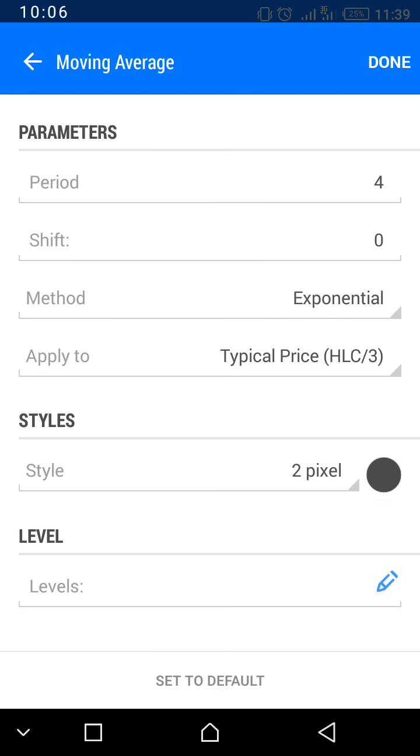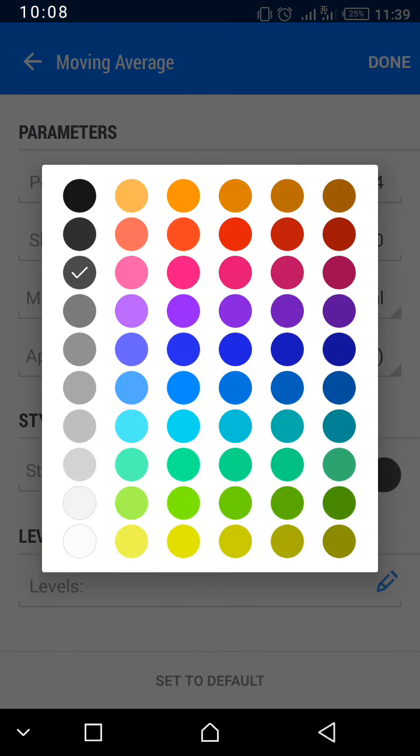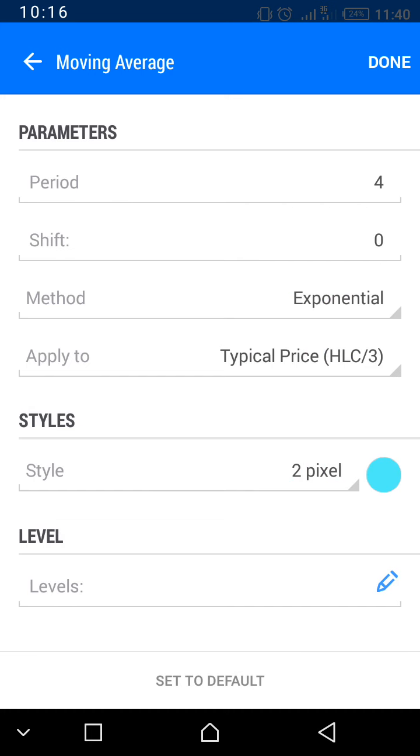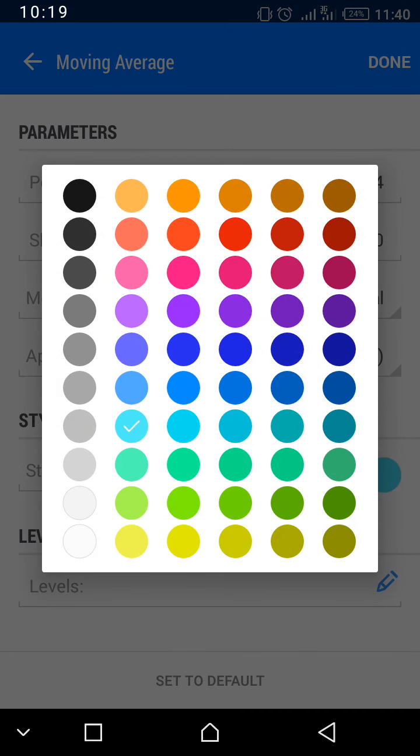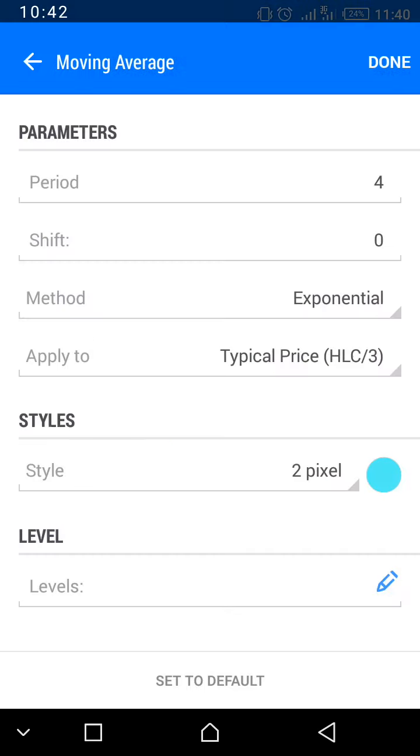Apply to it. Then the color for this one is aqua blue. This is the seventh column, second row. Seventh column, second row, please.